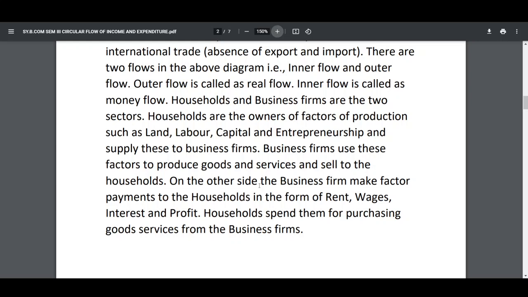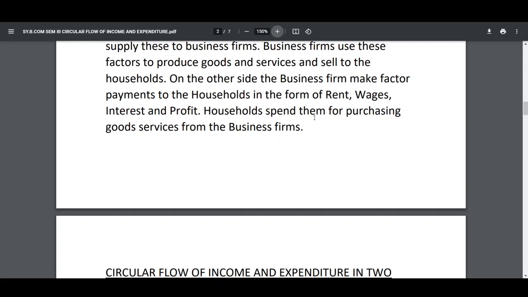On the other side, the business firms make factor payments to the households in the form of rent, wages, interest and profit. Households spend them for purchasing goods and services from the business firms.